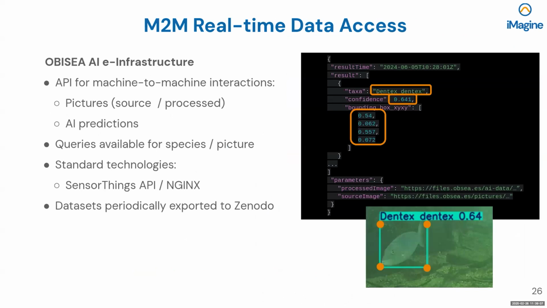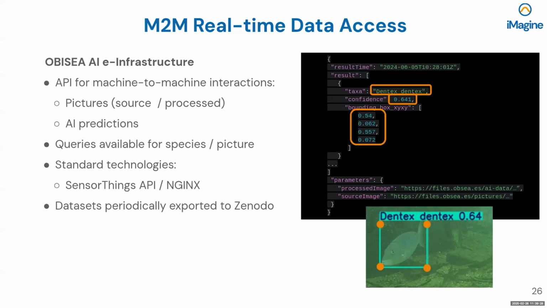The last service that I'm going to present is that we have all this data integrated into our infrastructure. We have an API for machine-to-machine interactions where anyone, because the API is open, can query for pictures and for inferences, for fish detections.